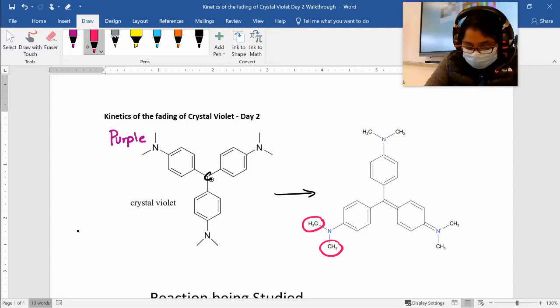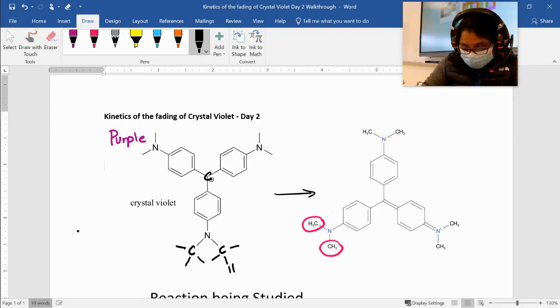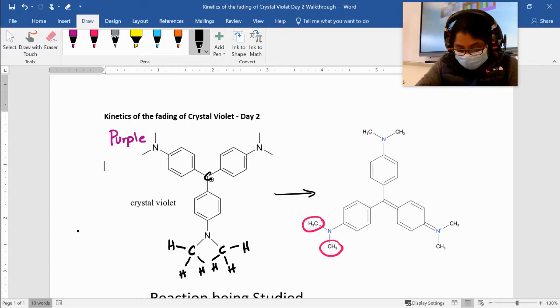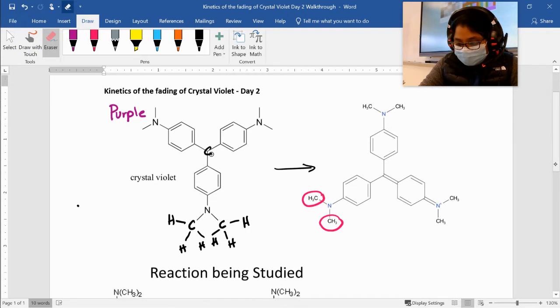But in this one, they just assume that you know that at the ends of these lines there's a carbon, and because carbon can't have a single bond, they assume that you know that they're also connected to 3 hydrogens each. Okay, so oftentimes the end of the line means carbon, you can't just have nothing there, right? But they don't include the hydrogens because they think that you know that there are hydrogens, and you should know that there are hydrogens. Okay, so those are methyl groups that are not drawn there.